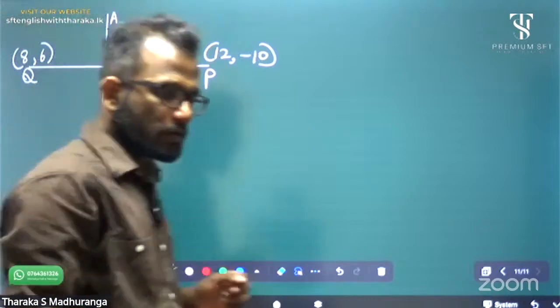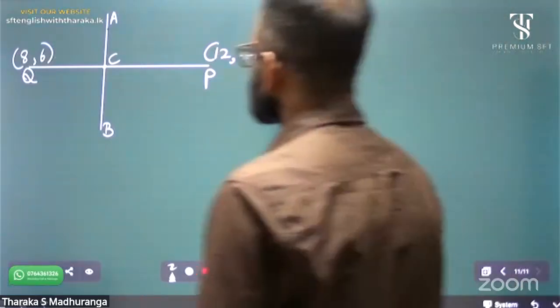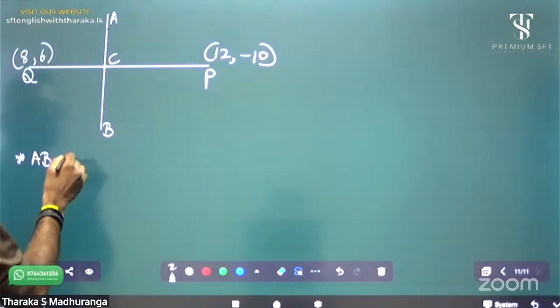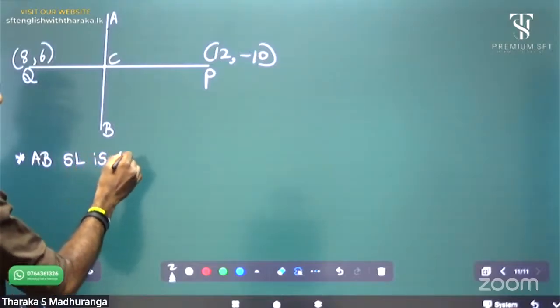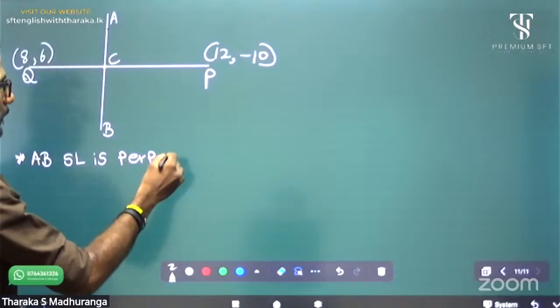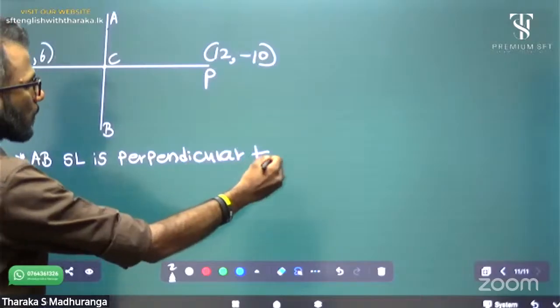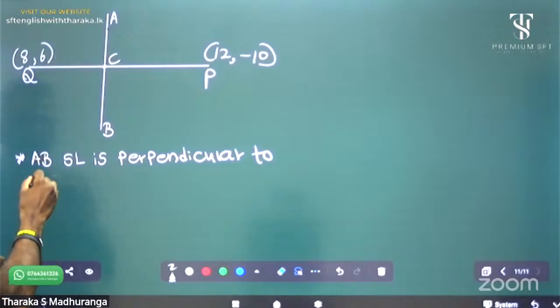Okay, draw this diagram. And the question: AB straight line is perpendicular to the PQ straight line.